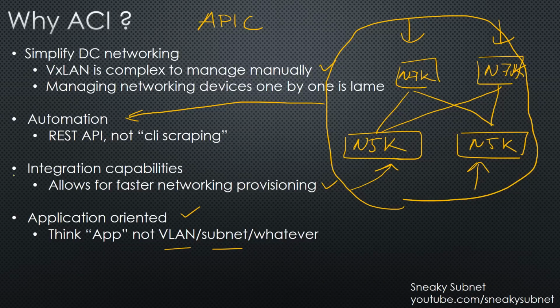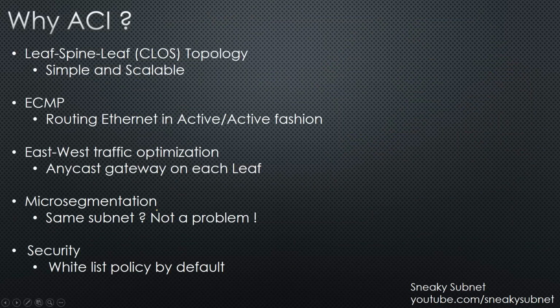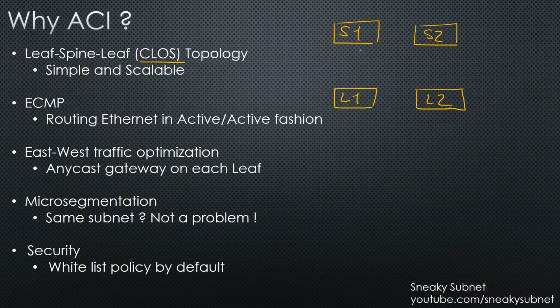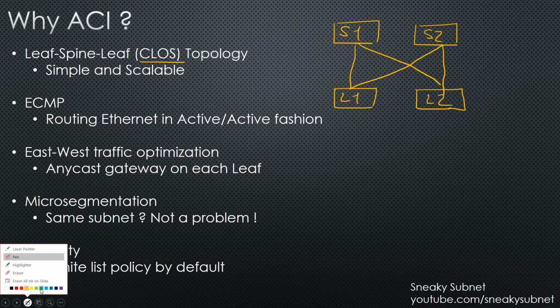Next, let's discuss pure networking advantages of ACI. The first advantage is the leaf-spine or Clos topology. Let's draw it really quick. In leaf-spine topology, we have two layers of hierarchy.